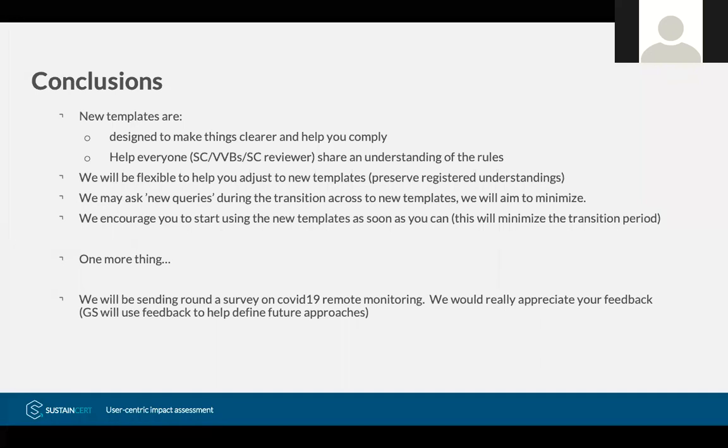Before we head off into a Q&A session, we would like to send everyone who has attended this session a very short survey on the pros and cons of COVID-19 remote monitoring. You're all aware that the interim measures proposed by Gold Standard allow projects to keep moving during these challenging times.